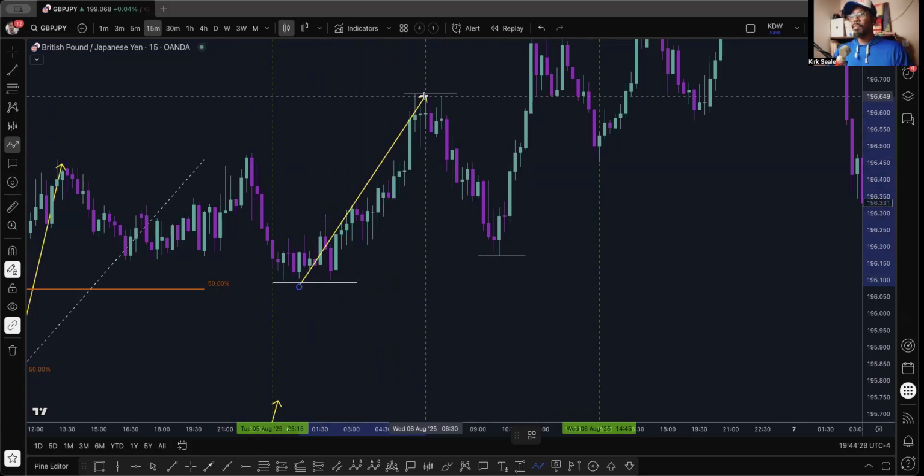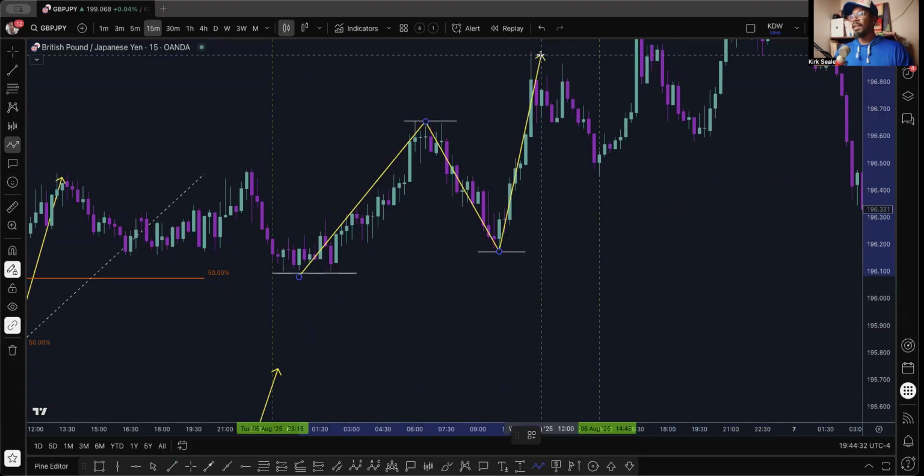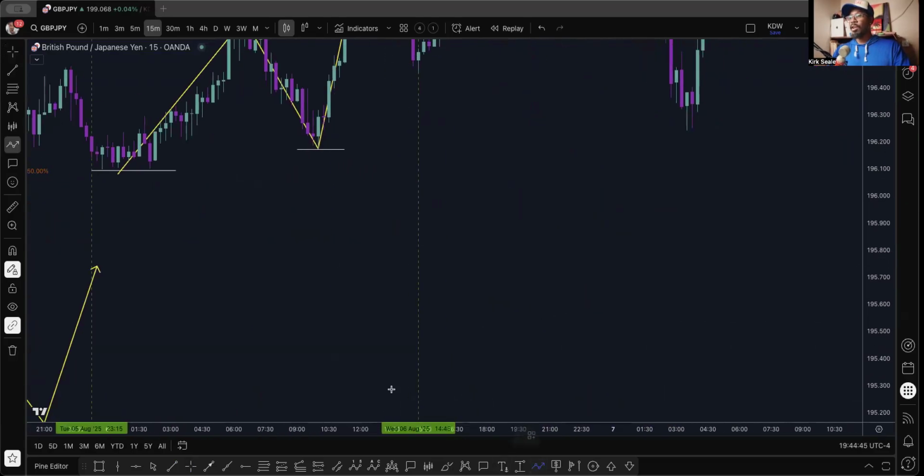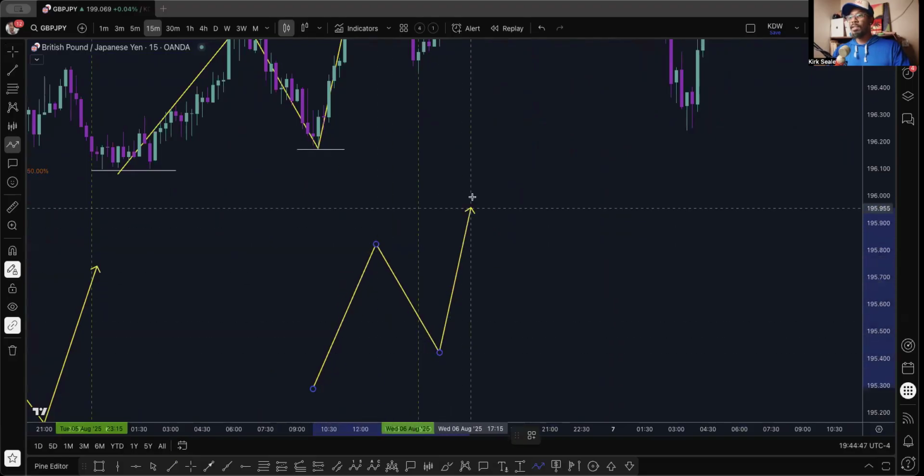So we go impulse, pull back, and then it went up. Continuation. That answer your question, Lorna? So the 50% is from the low to the high, if you are using your drawing.